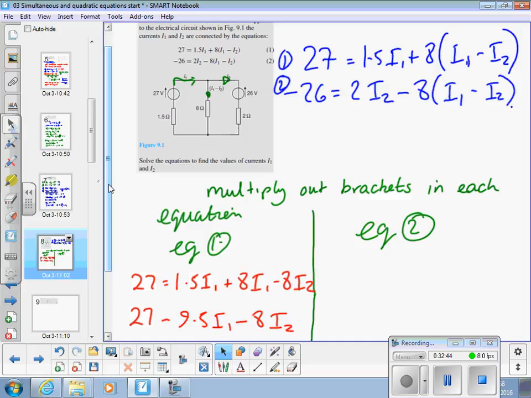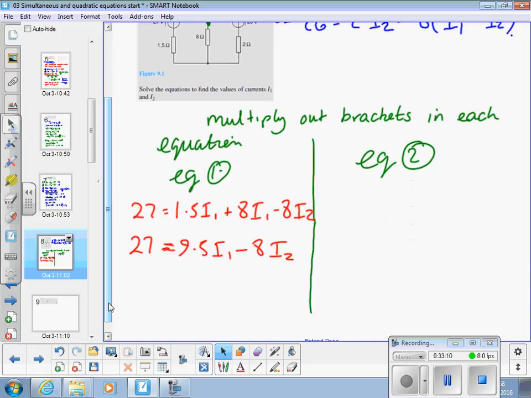Everyone on the left-hand side agree with that multiplying out of them brackets? 27 equals 9.5i1 minus 8i2. Yep. So we'll call that equation 3.